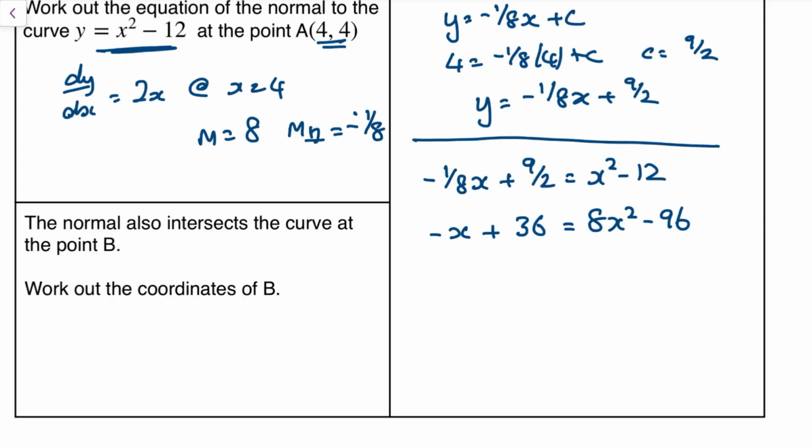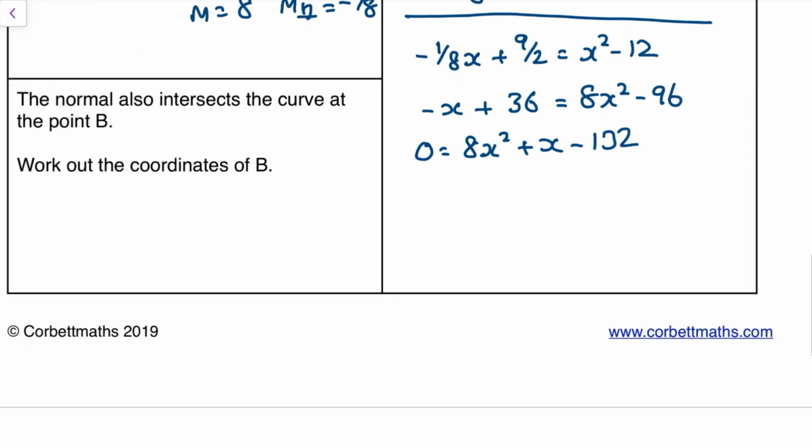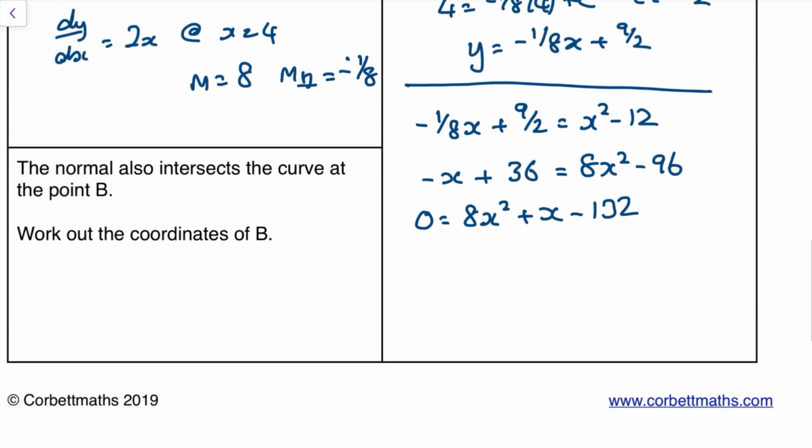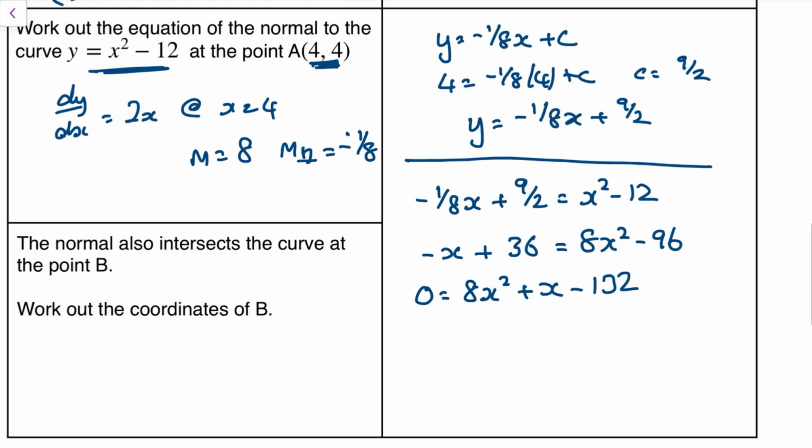Then I'm going to create a quadratic, so move everything to the right-hand side. So 8x squared, minus minus is plus x, and I've got minus 96 minus another 36, which is minus 132. Now, thinking about this carefully, if we go back to the original thing, the normal touches 4, 4. So I've got a bit of a clue as to what to do here.